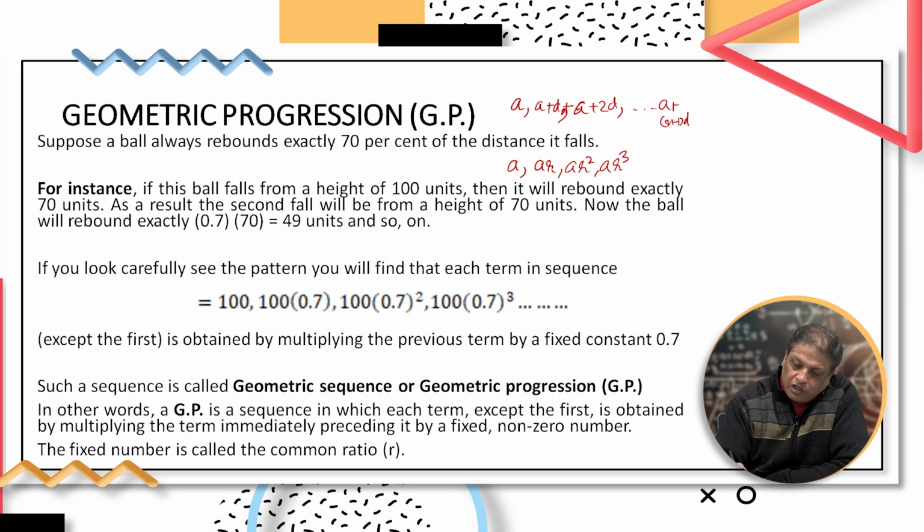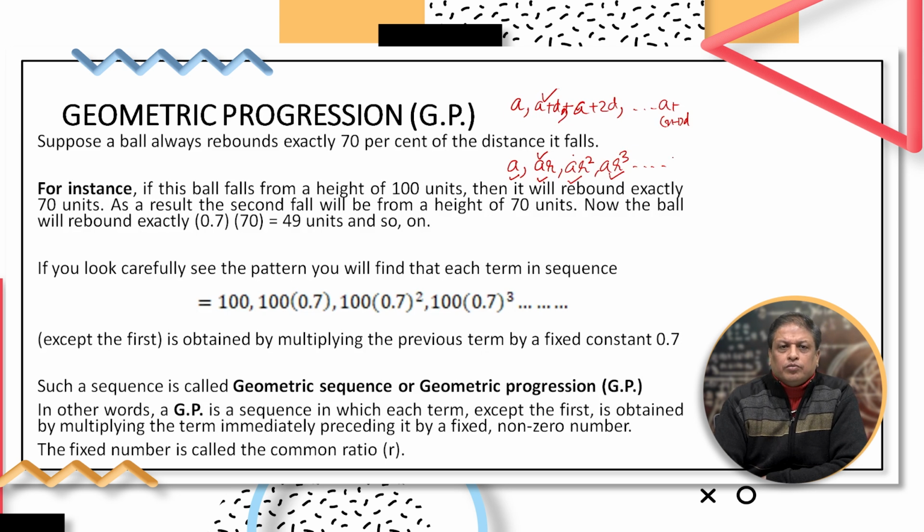That means each term is multiplied, rather than added, by a common ratio r. So the successive terms are ar multiplied by r is ar square, multiplied by r is ar cube, and so on.